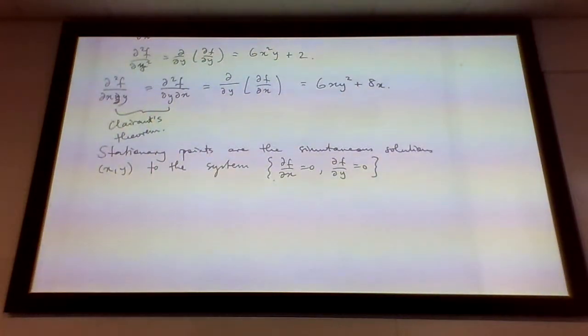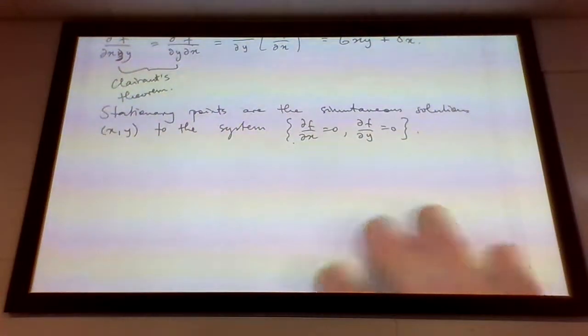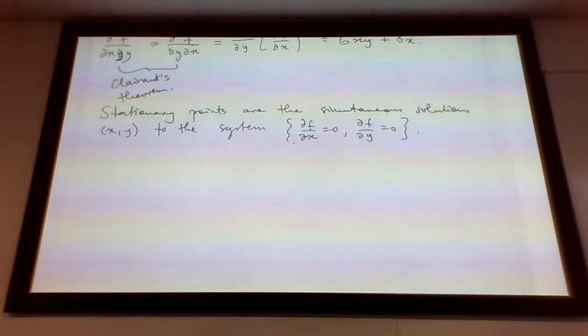When you're asked to find the stationary points, it's good to cleanly, quickly give the correct definition of exactly what the stationary points are, so that you can definitely get the marks for that, and then you proceed to find them.